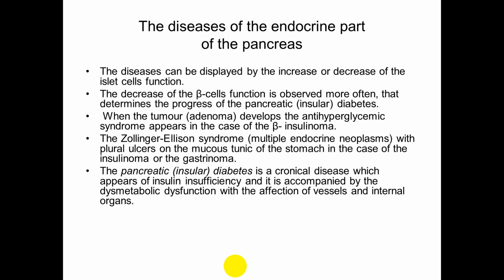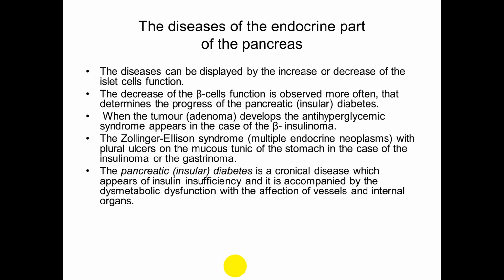When a tumor adenoma develops, a hypoglycemic syndrome appears in the case of beta-insulinoma. Zollinger-Ellison syndrome, a multiple endocrine neoplasm with peptic ulcers on the mucous tunic of the stomach, occurs in the case of insulinoma or gastrinoma.